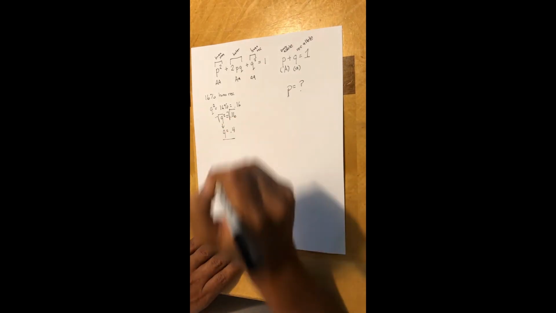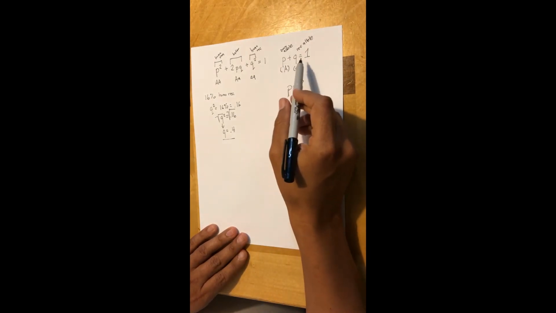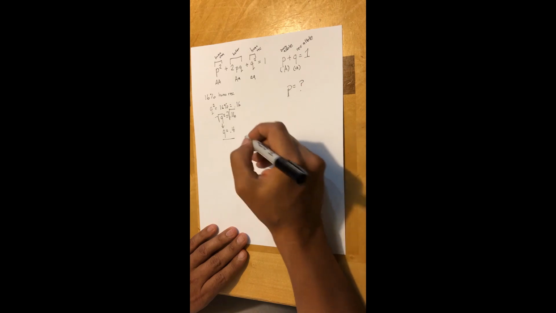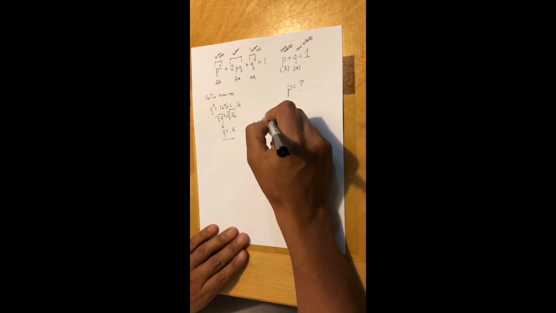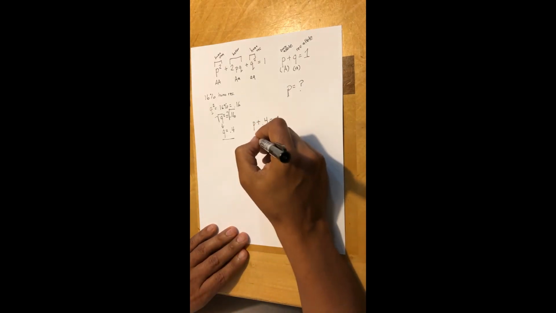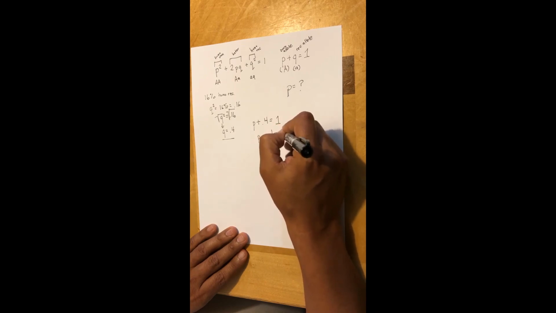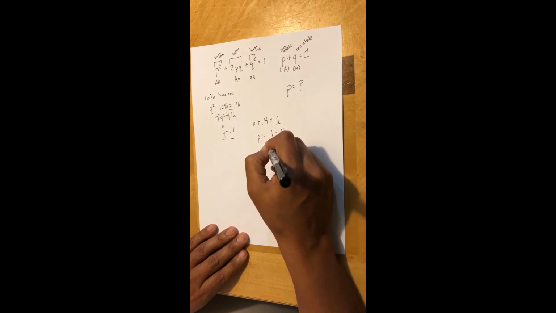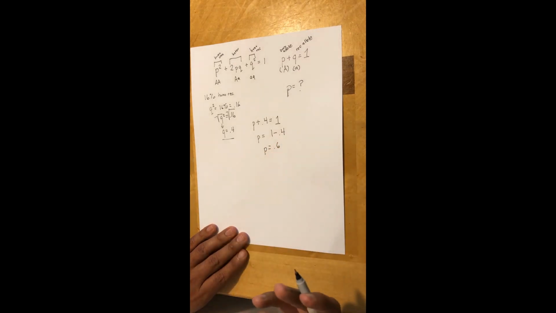So now, is that what we want? No, we want P. But guys, notice our equation, P plus Q equals 1. Let's plug that in. So we have P plus 0.4 equals 1. Well, now we just solve for P. P is going to equal 1 minus 0.4. And then if you do that, P equals 0.6. And is that what we're looking for?